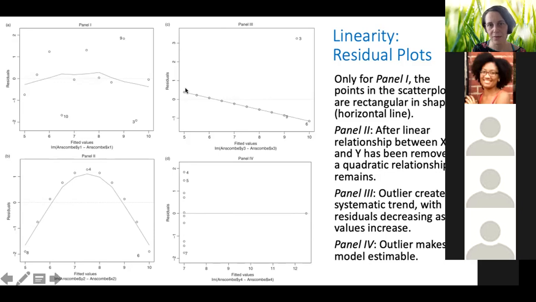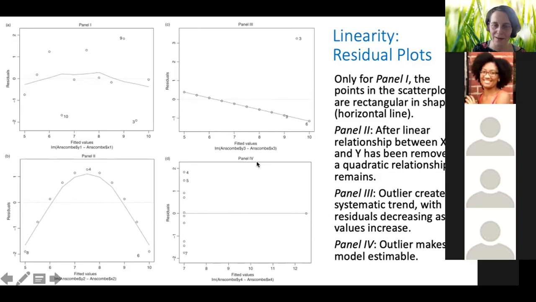And this outlier creates an artificial, systematic trend in our residuals, such that the residuals decrease as our fitted values increase. And right, that is of course a violation of the assumptions, as it should always be like a horizontal line. But in this case, it's highly likely that this is just some error. And of course, in real life, in social sciences and neuroscience, we never have a perfect relationship.